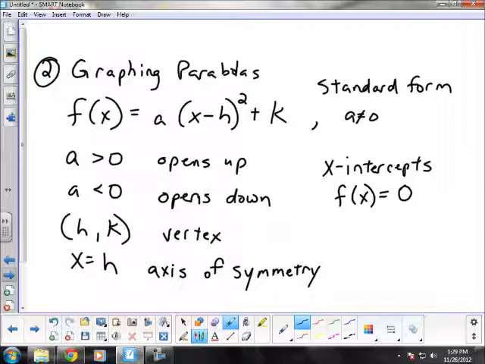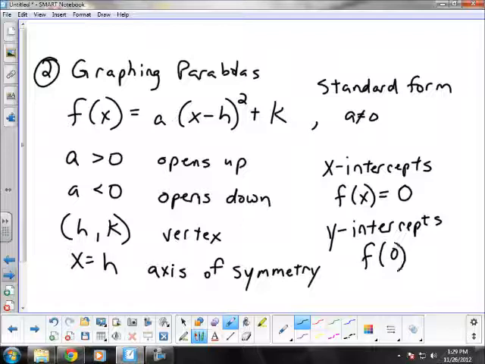The y-intercept is found not by letting y be equal to 0, but by letting x be equal to 0. In function notation, we want f of 0. So in other words, everywhere there's an x, you're going to replace it with a 0. Find the y to go with it. Okay, so those are the pieces that you need. And if you have those pieces, you can draw the parabola very quickly and easily.